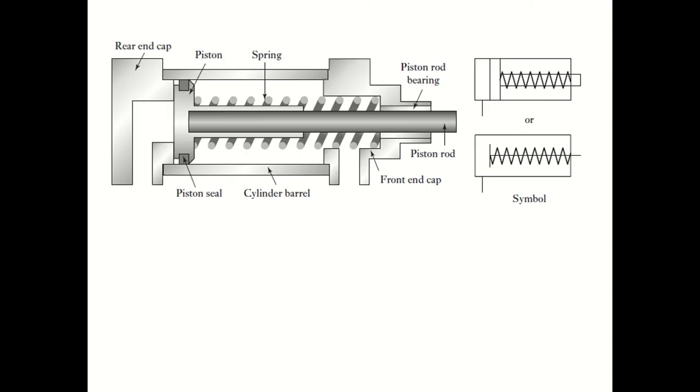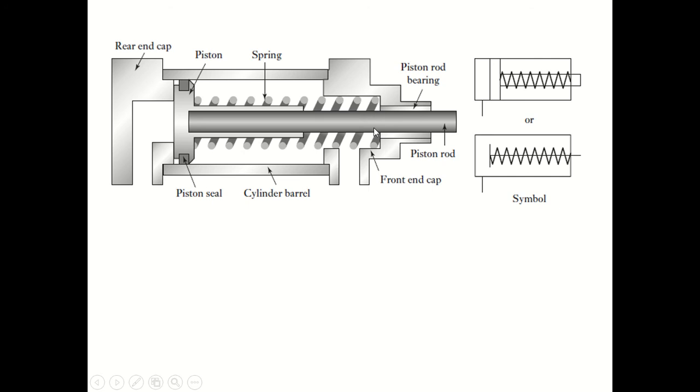Now if you look at this diagram, you can see that it's a single acting cylinder with a spring return. You can see the different parts: the spring, the piston, the fluid entering, the fluid exit, the piston rod, and this is the symbol corresponding to this single acting cylinder.